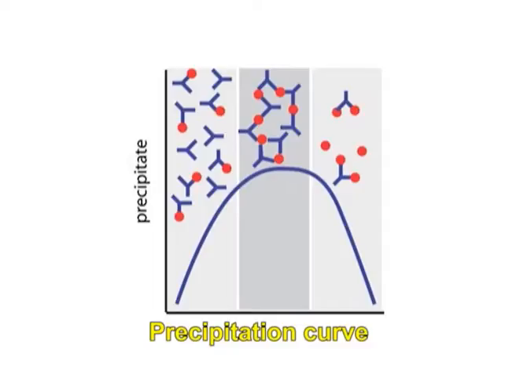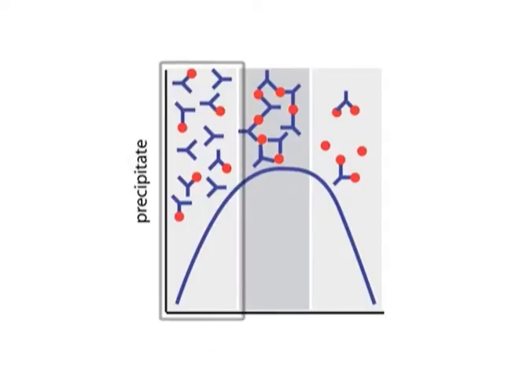The first zone is the zone of antibody excess, or the prozone, in which the concentration of the antigen is very low and that of the antibody is comparatively high.